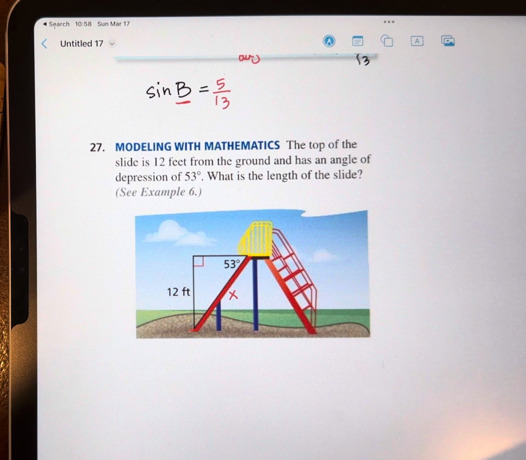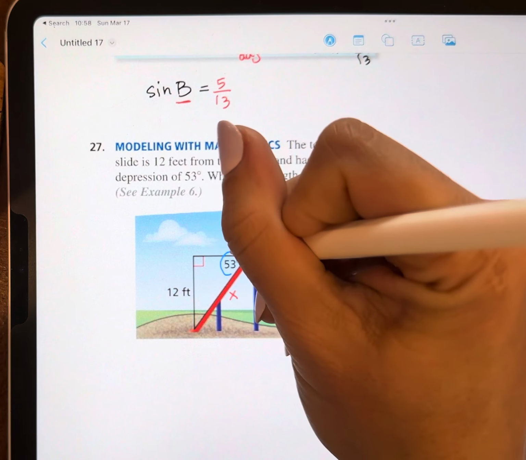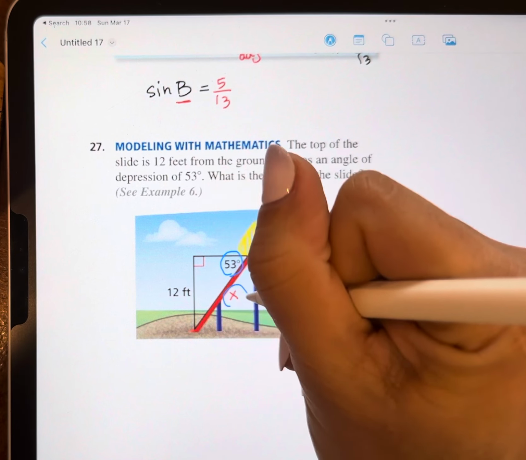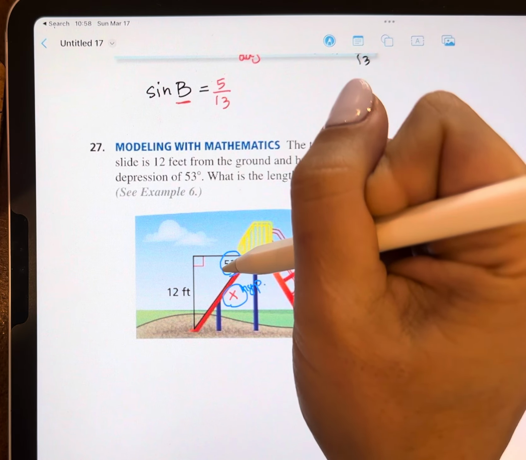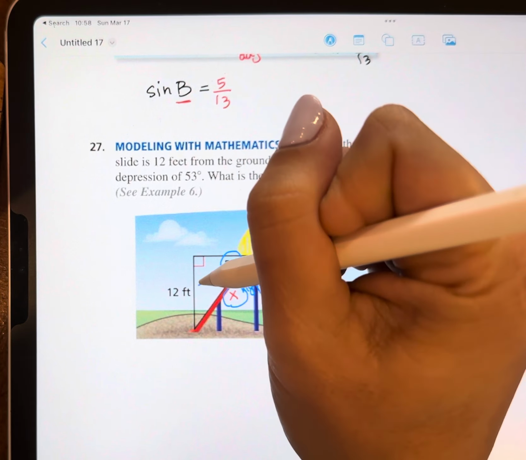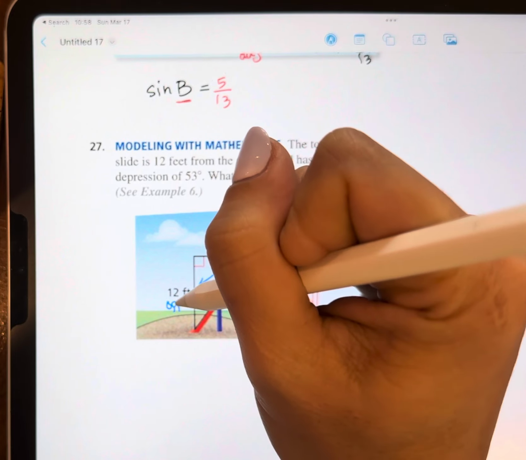So let's see what we're looking at. We are looking at this angle. X is the hypotenuse, and we also have involved in this problem the opposite side.